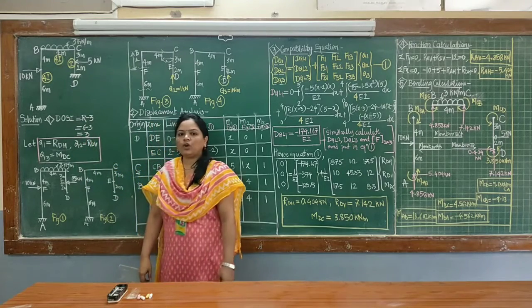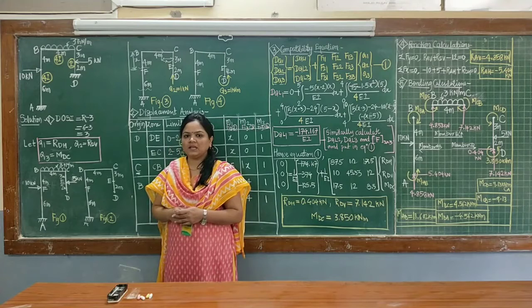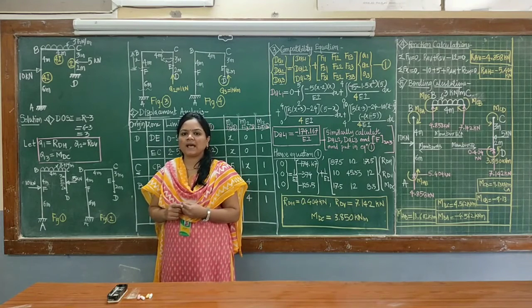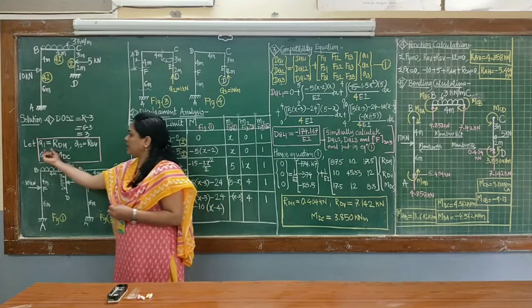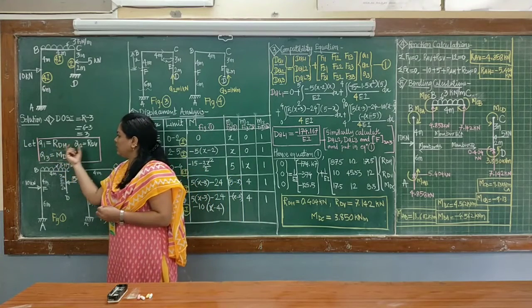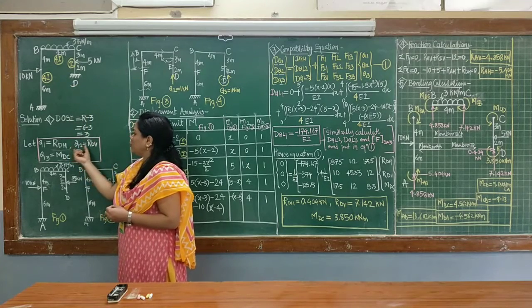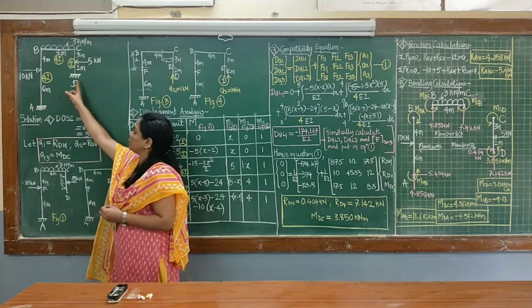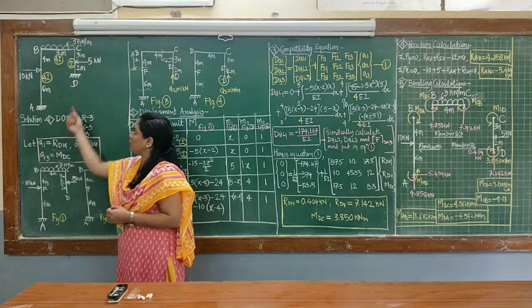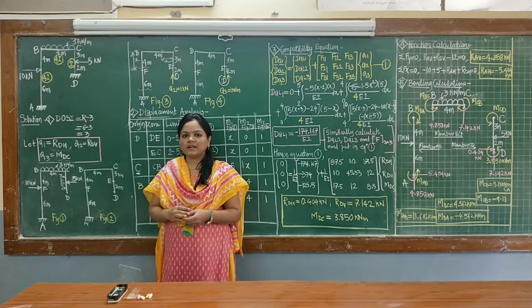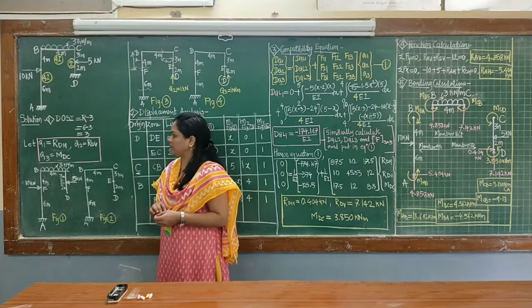So as degree of static indeterminacy is 3, we have to select 3 unknown reactions as redundants and we'll give the name to those redundants Q. So here let us consider Q1 is the horizontal reaction at support D, Q2 the vertical reaction at support D and Q3 that is the moment at support D. We'll consider all the 3 redundant reactions at support D.